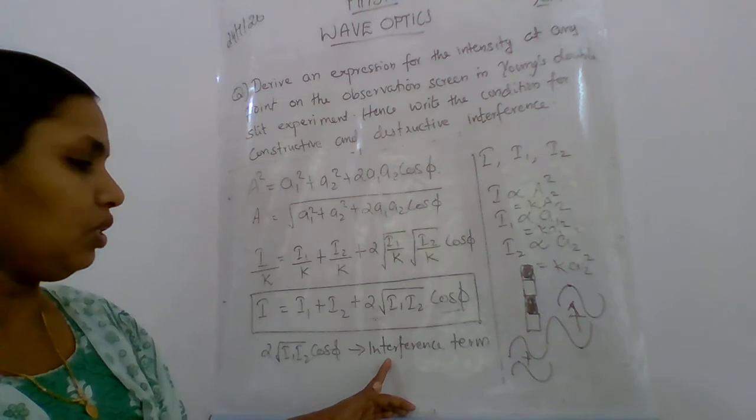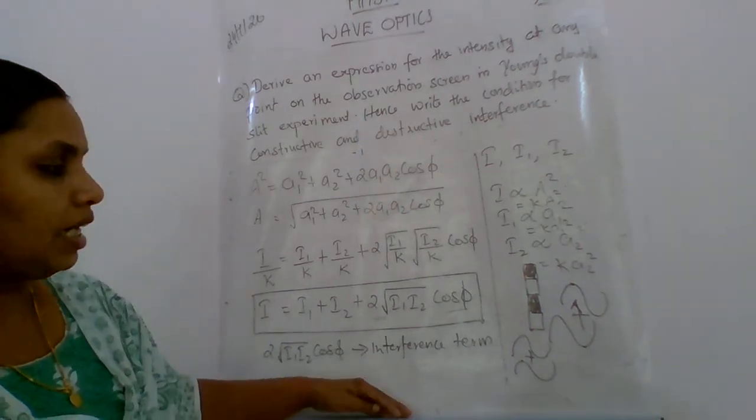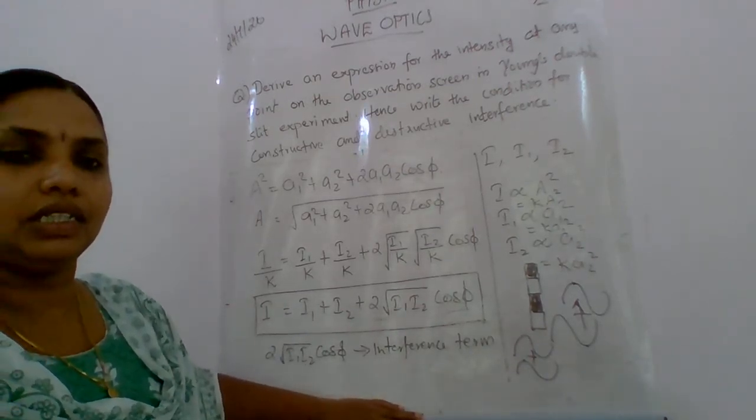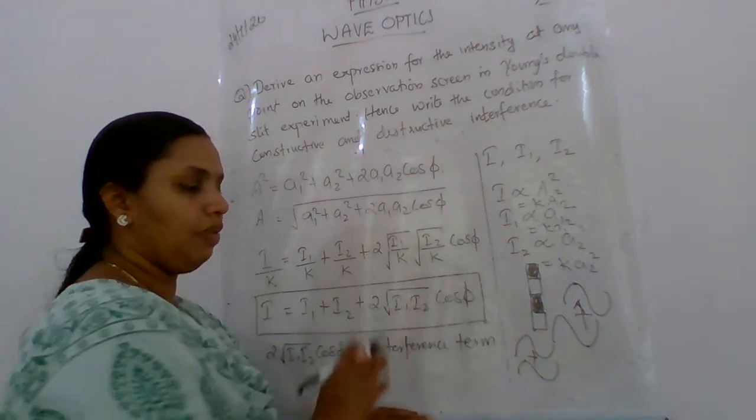So we can derive the general condition according to the value of cos phi. It's a cos value, isn't it?